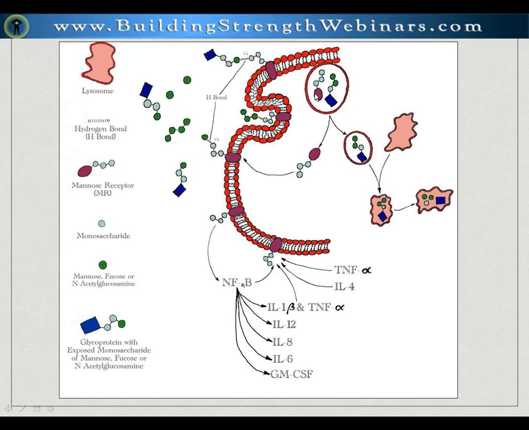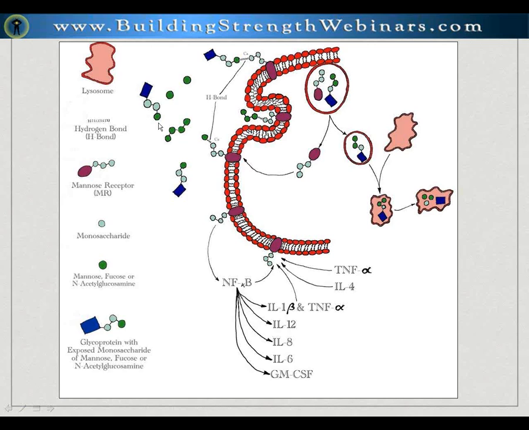And what happens then, the mannose receptor returns, and the glycoprotein binds with a lysosome, which has enzymes that break this down into the individual components and amino acids, and this is used then to feed the cell and help make its own building blocks.